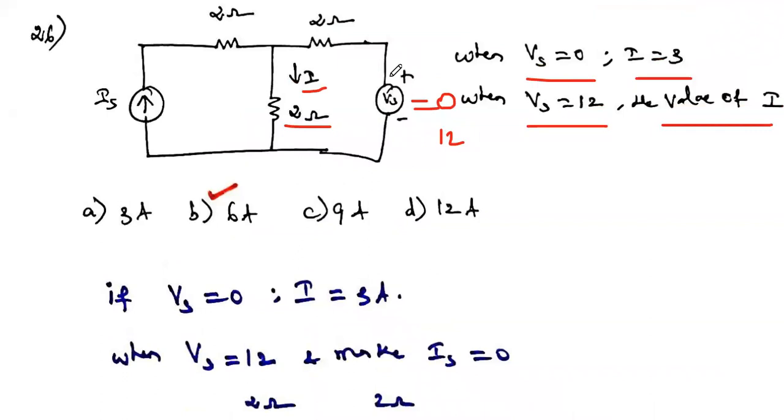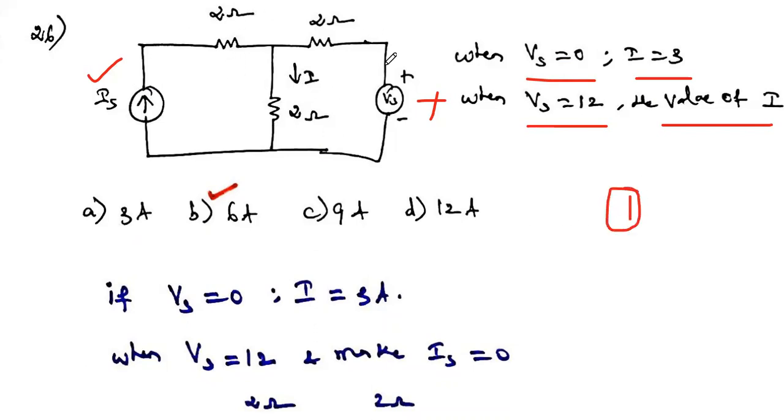To solve this problem, we are going to use the superposition principle. What is meant by the superposition principle? If the circuit consists of 2 sources and we want to find the current flowing through a resistance, first we make one source active and the other source deactivated. Because of the active source, we find the current flowing through this 2 ohm resistor and take it as equation number 1.